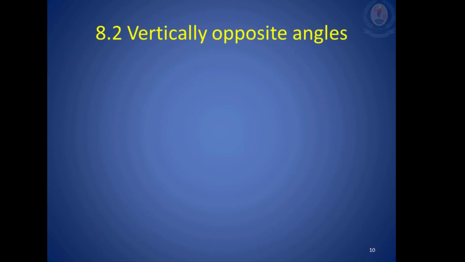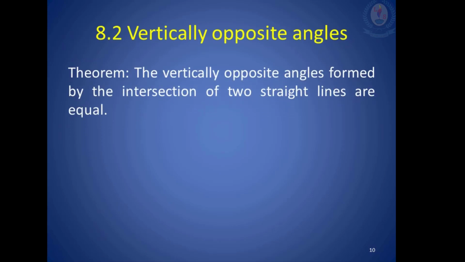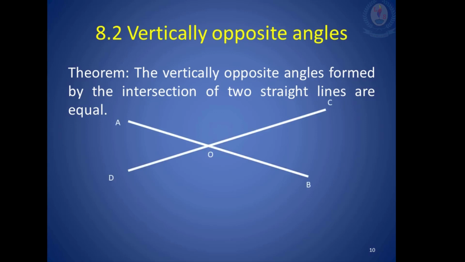Let's see vertically opposite angles. The vertically opposite angles formed by the intersection of two straight lines are equal. In this figure, the straight lines AB and CD intersect each other at O. The vertex O is common to both the angles, angle AOC and angle DOB.